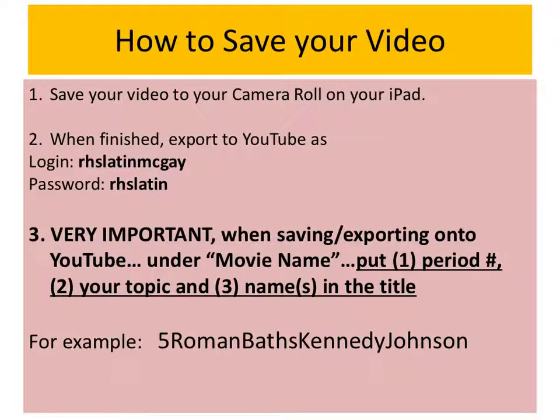And now, very important again, when saving or exporting onto YouTube, where it says movie name, put the following items in this order: your period number, your topic, and your names. So for example, this could be how you save it, 5 from period 5. The topic is Roman Baths, done by Kennedy and Johnson.